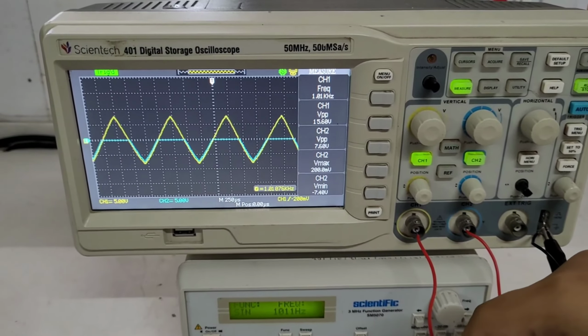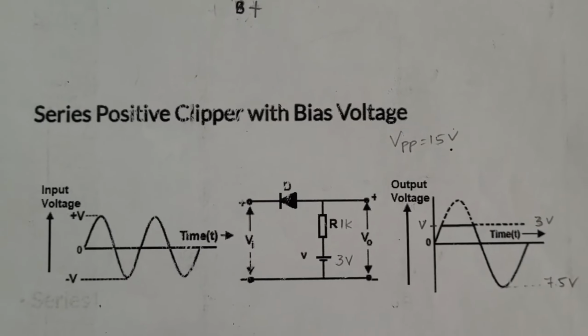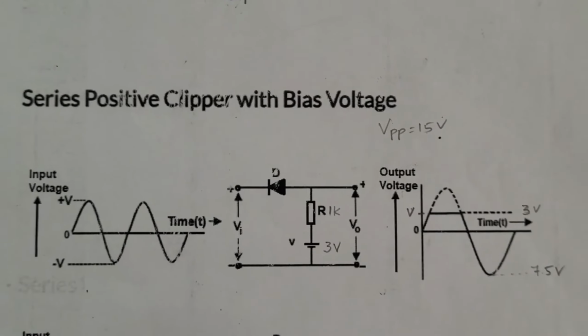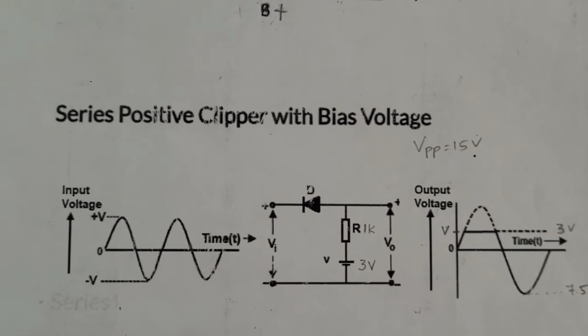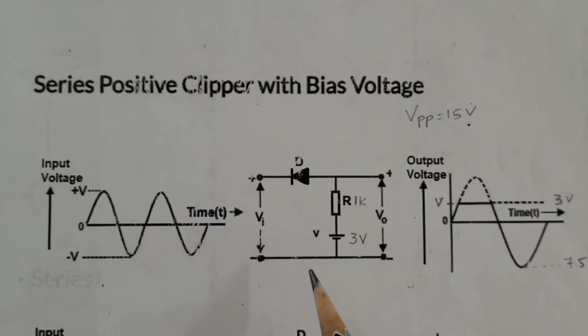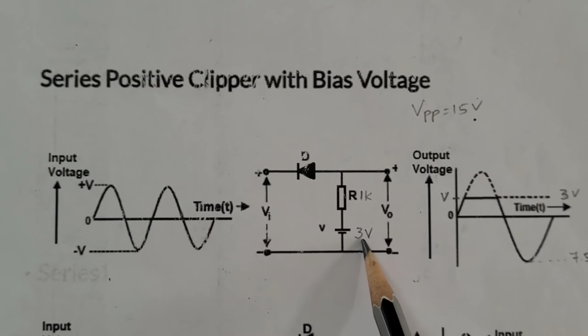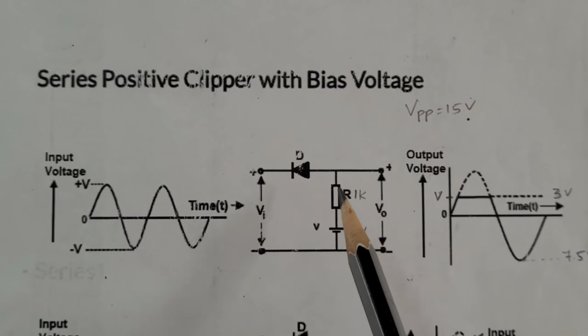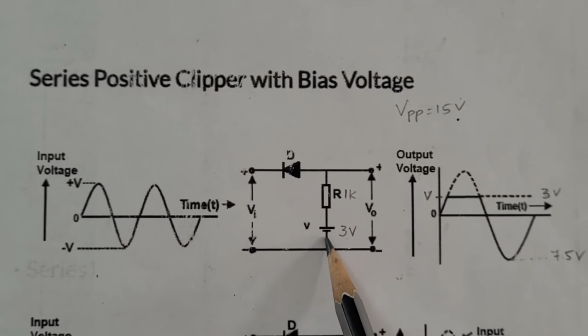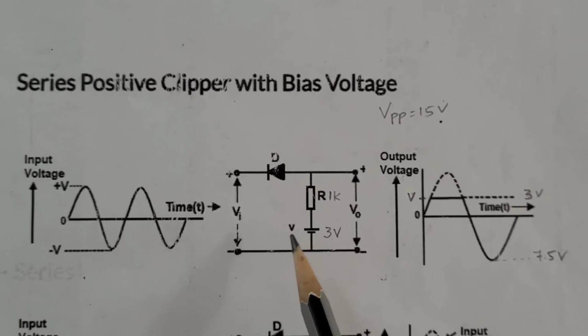Let's see the second circuit, series positive clipper with positive bias. Positive bias 3 volt is connected below the resistor 1K. During the positive half cycle of the AC input, diode gets reverse biased and the bias voltage 3 volt is appearing at the output.